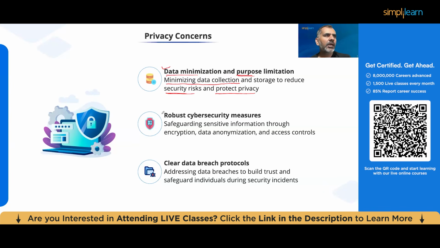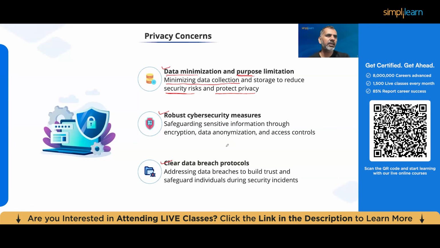The second is to ensure security in your system, you have to install some robust cybersecurity measures. So only the authorized user will get access to the data, and no unauthorized user can access the control. That's another practice, but it is outside of the data collection process. This is something related to the organization point of view. And there are some clear data breach protocols also introduced.